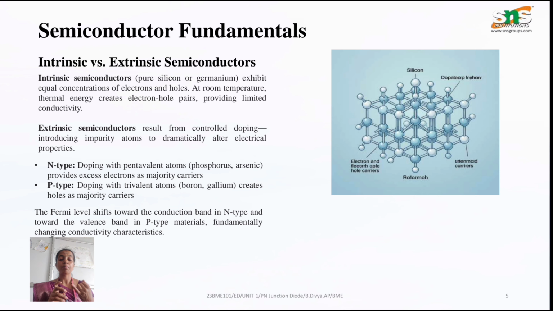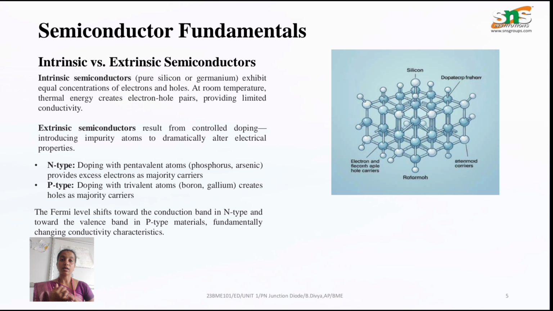N-type: doping with pentavalent atoms, that is phosphorus or arsenic, provides excess electrons as majority carriers. Next is P-type: doping with trivalent atoms, boron and gallium, creates holes as majority carriers.